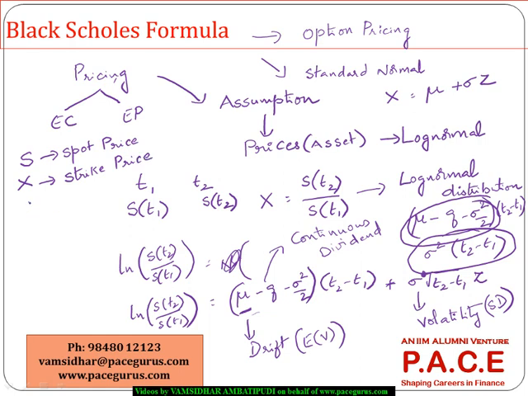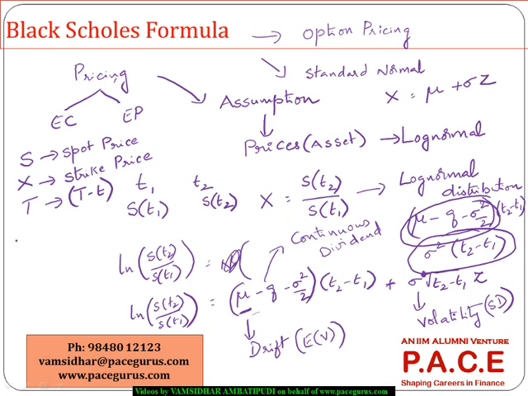We are looking at the time to maturity of the option. Generally we denote it as T minus t, where T is the maturity period and t is the point at which we are doing the valuation. So the time to maturity, let's say measured in years.